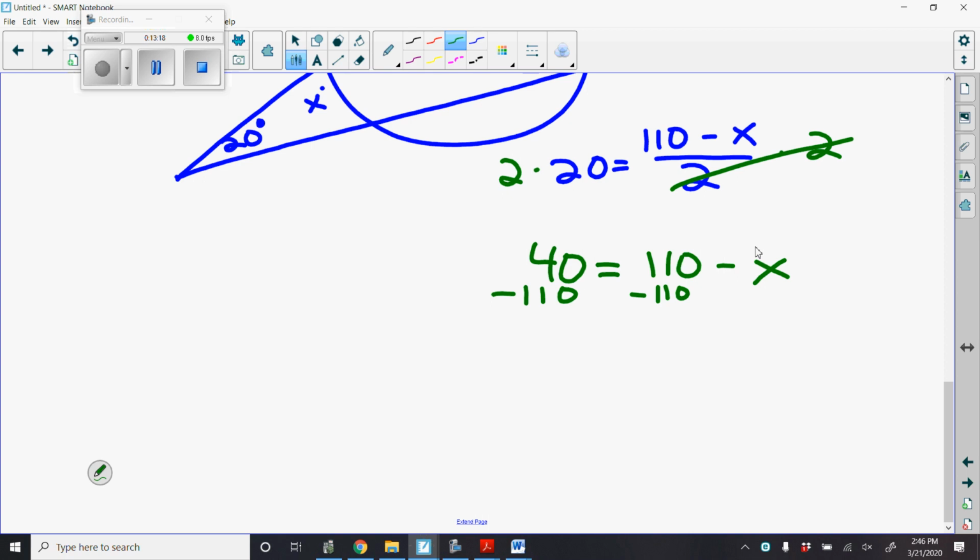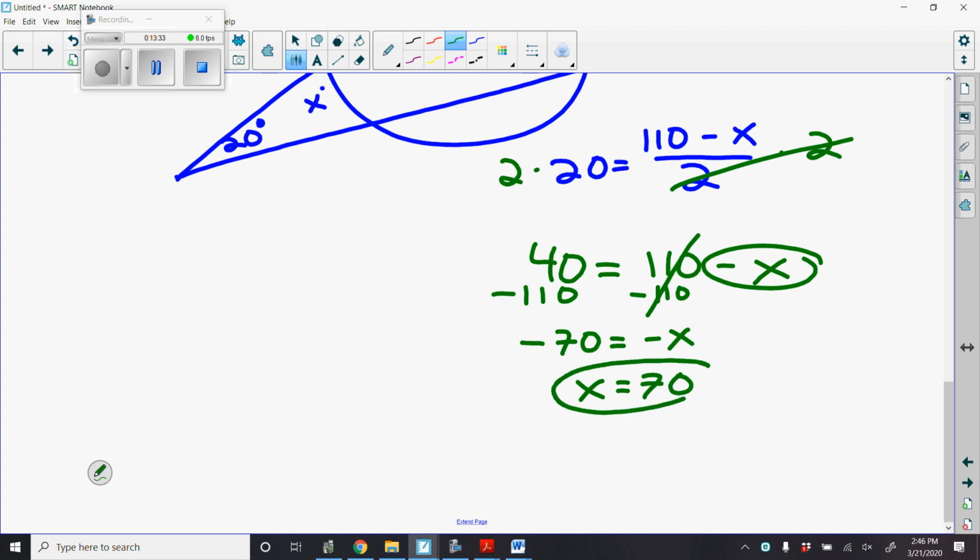So when you subtract 110, most people probably go to their calculator. 110 minus 40 is negative 70. But again, that equals negative x. We can just divide by negative 1 and say x equals 70. Okay. The other thing you can do, it's actually my preferred way of doing it.